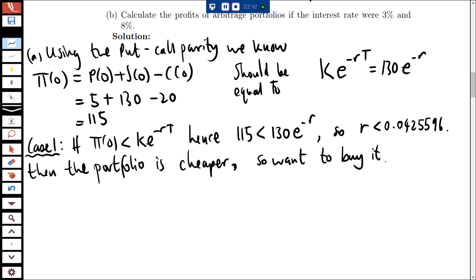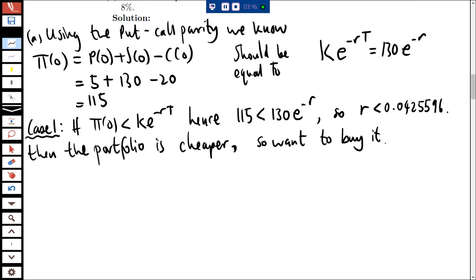In part B, we're going to try some numbers and see how much profit's involved. For now, we're just going to calculate the rates and decide on some strategies. Case 2, let's look at the opposite case. Let's suppose the portfolio at time 0 is greater than K e to the minus rT. So the portfolio is bigger than the strike price discounted to today's money.